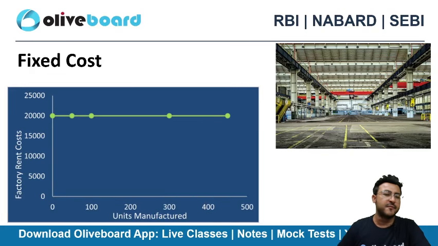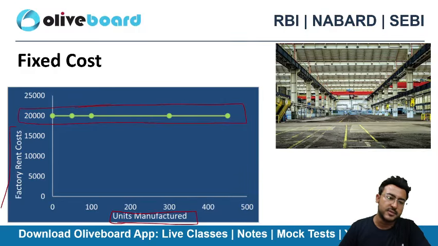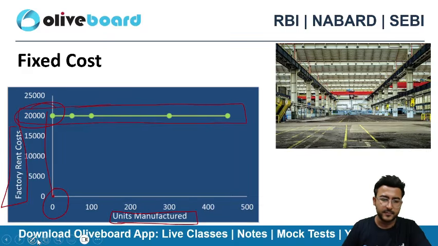So can I say that the fixed cost graph will remain like a straight line? Here we have units manufactured on the x-axis, and on the y-axis, we have factory rent cost. Even if we manufacture 0 units, we have the cost of 20,000.